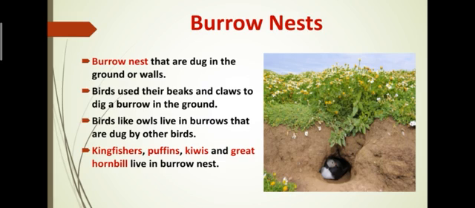The owl is an example of a bird that lives in burrows dug by some other birds. The examples of birds who make burrow nests are kingfisher, puffins, kiwis, and great hornbill.